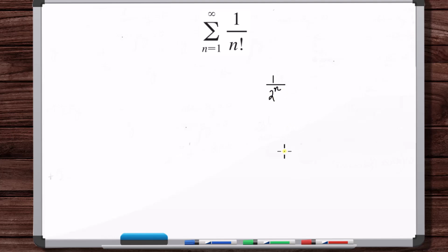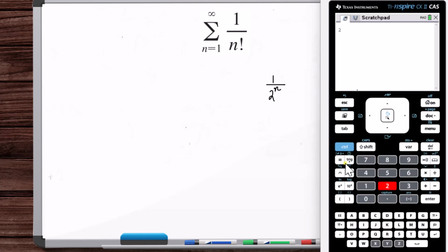I believe factorials are known for rising way faster than exponentials.